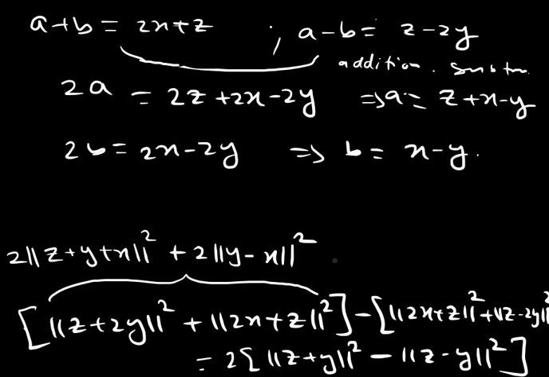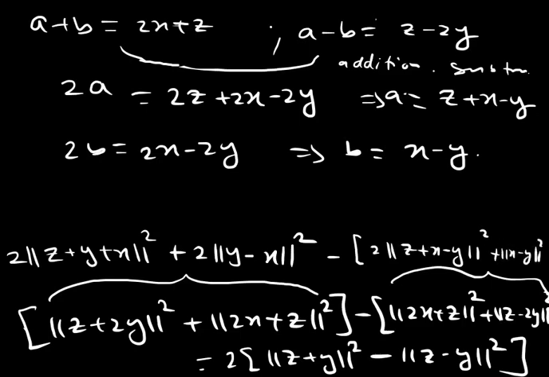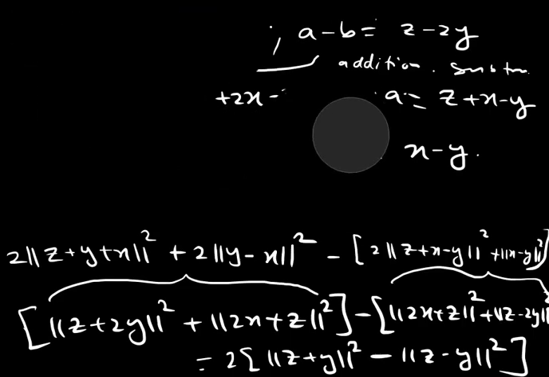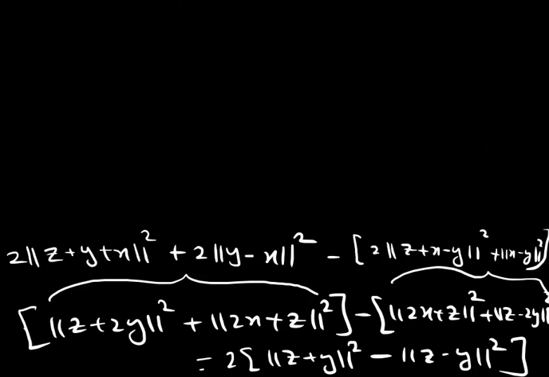Okay. So this term over here becomes, with a minus sign, 2 times norm of z plus x minus y whole square plus norm of x minus y whole square. Okay. So what do we have over here?